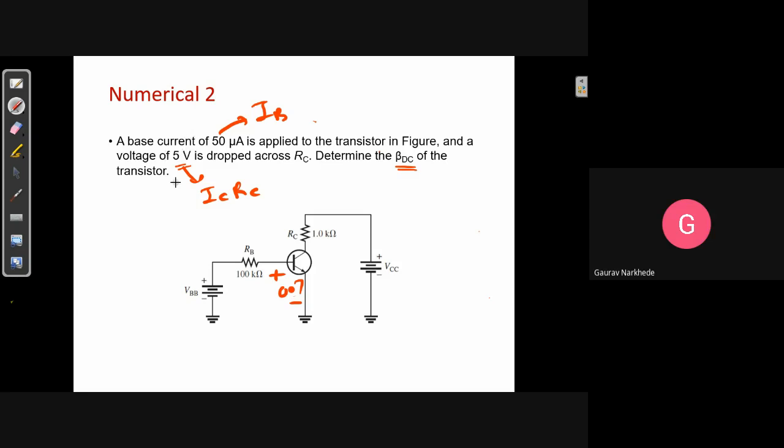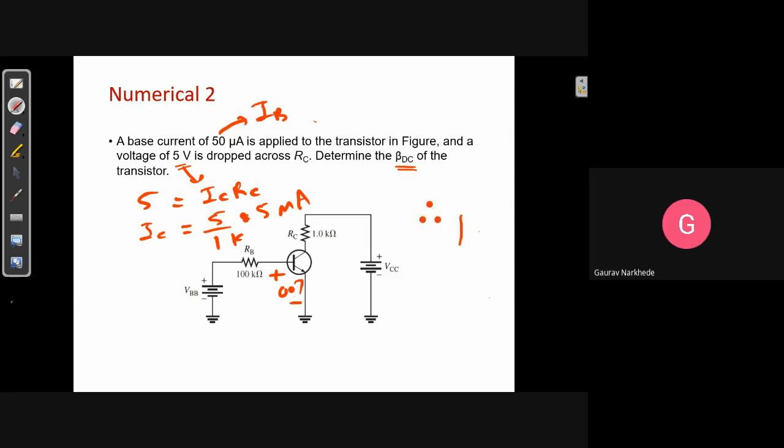So can I say this 5 volts is nothing but IC into RC? RC is 1 kilo. So this is 5 divided by 1 kilo, so it will be 5 milliampere. Correct?